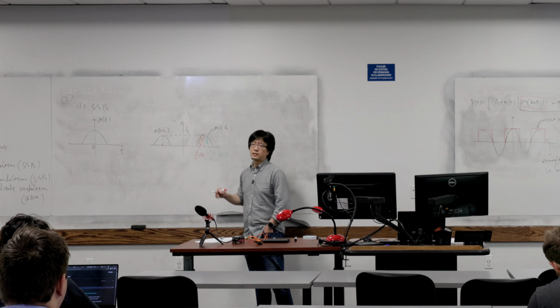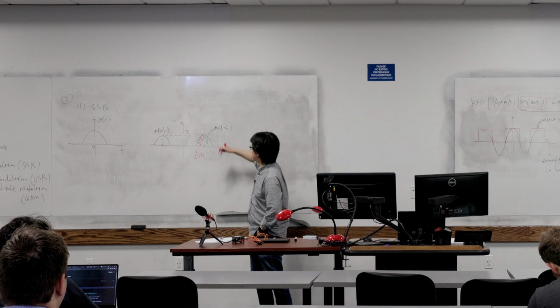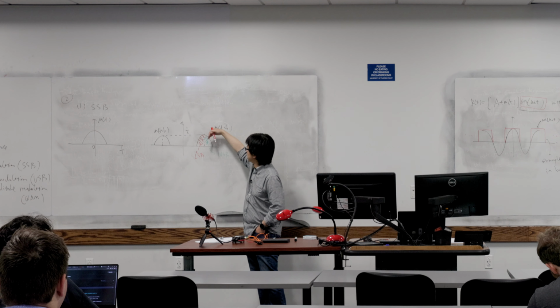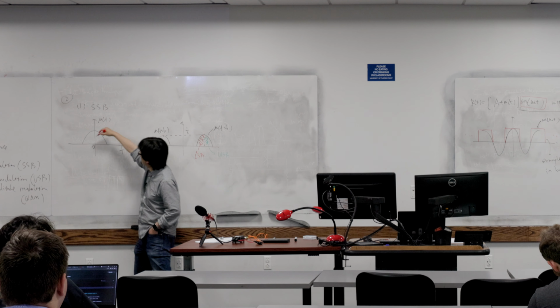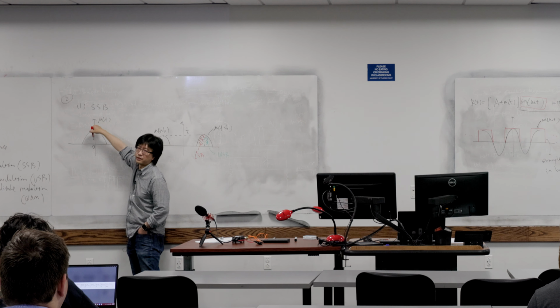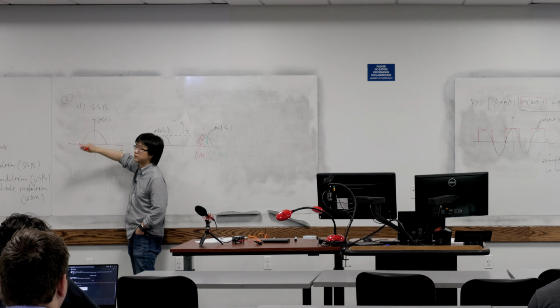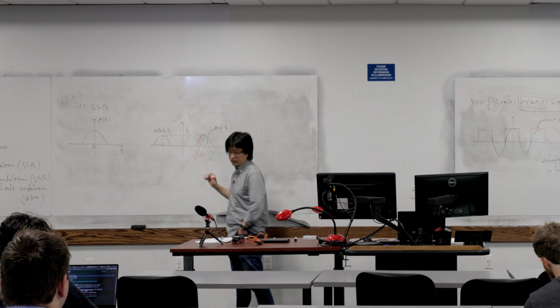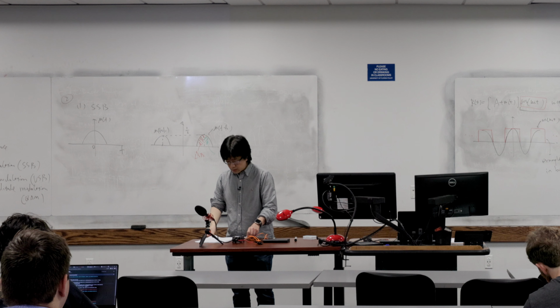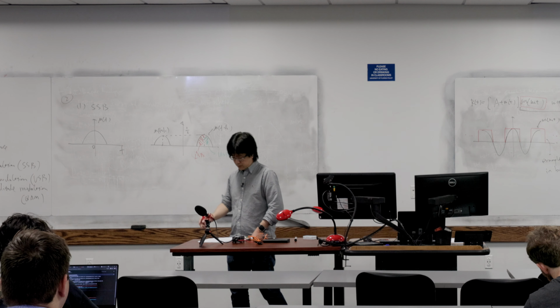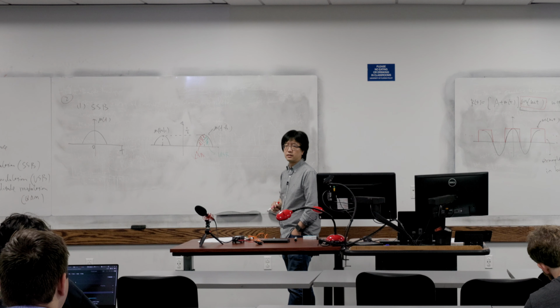If you assume MT is real, then we know this and that are symmetric. This equals this guy, we take a minus F and then take a conjugate. So they contain exactly the same information. So here it's kind of a waste of the bandwidth.